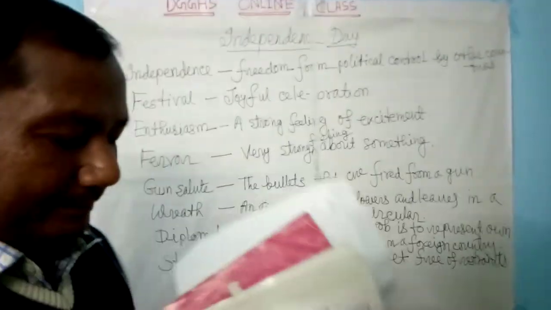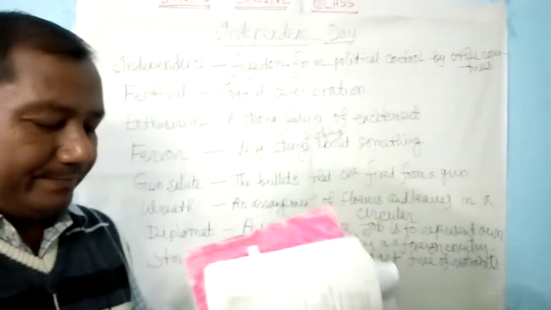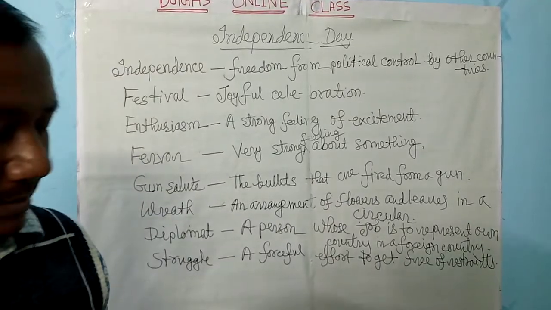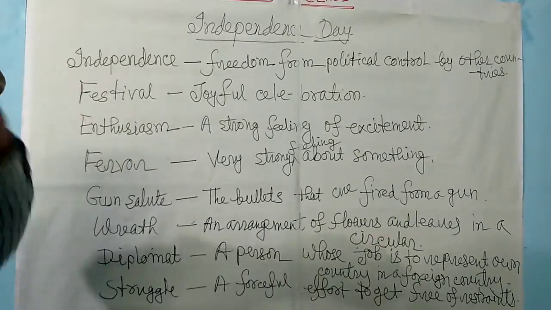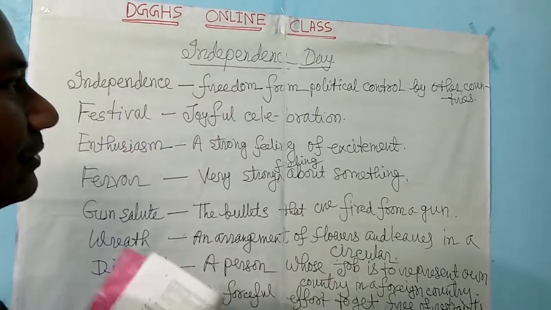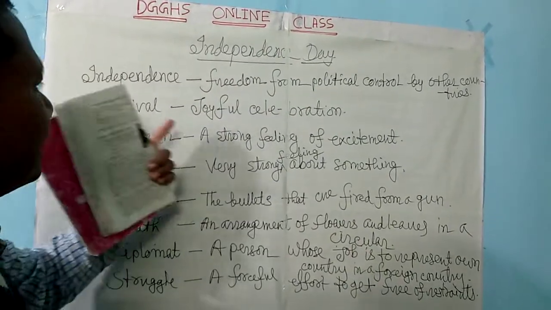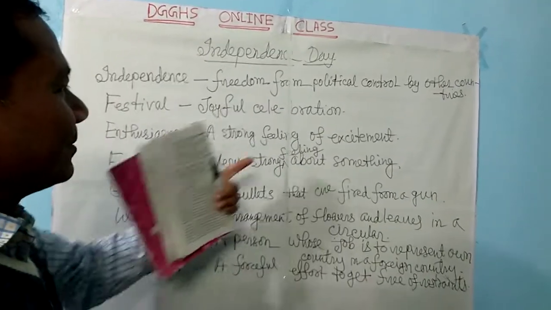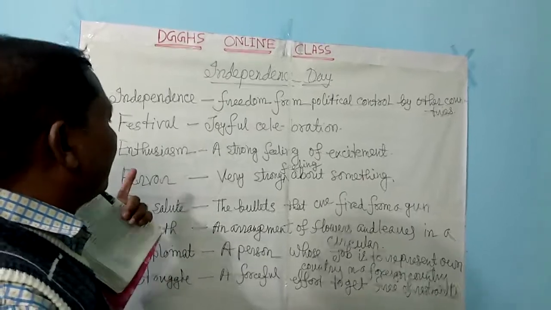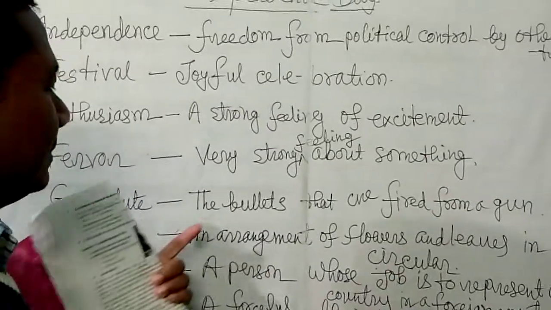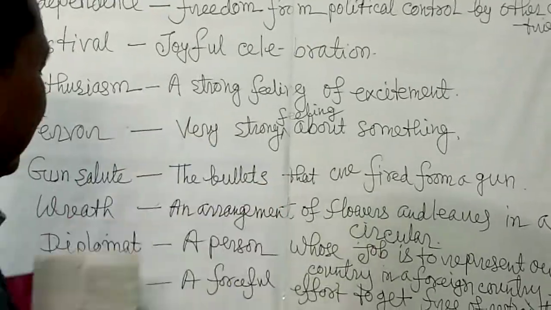Now, dear learners, you see here, independence, freedom from political control by other countries. Then festival, joyful celebration. Enthusiasm, a strong feeling of excitement. Fervor, very strong feeling about something. Gun salute, the bullets that are fired from a gun.